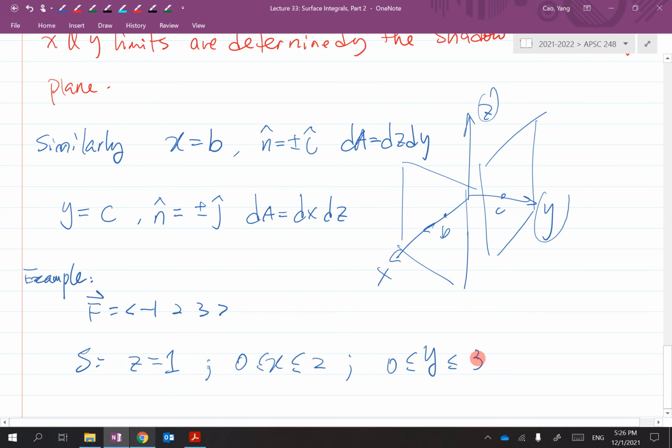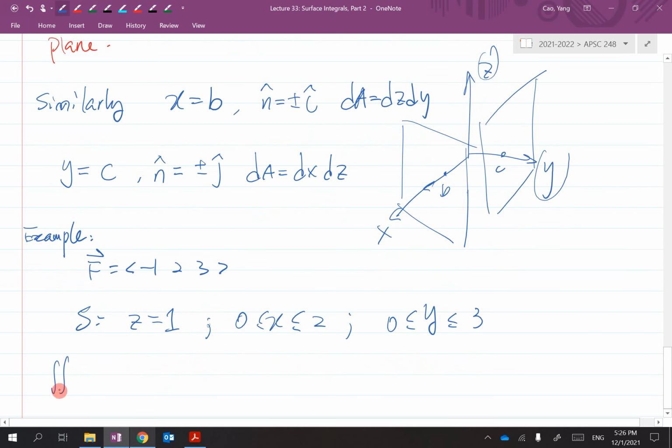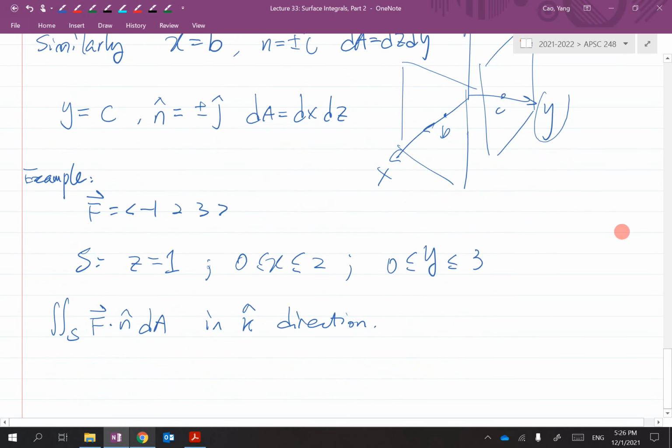Find the flux of this vector field in the k-hat direction. First step, sketch this surface.